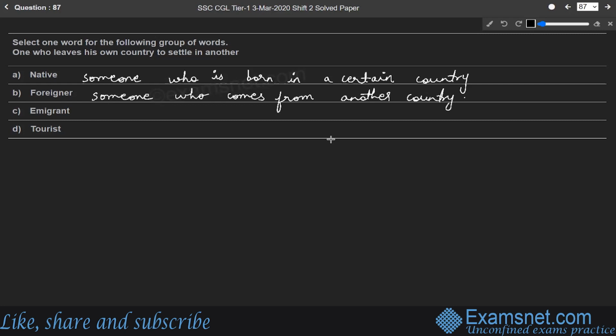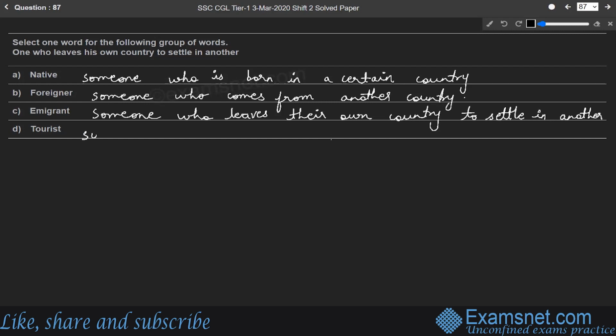Next option is immigrant. It refers to someone who leaves their own country to settle in another. And the last option is tourist. Tourist refers to someone who goes to another country to travel.